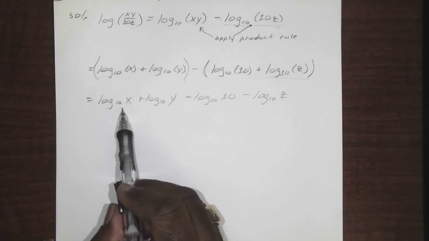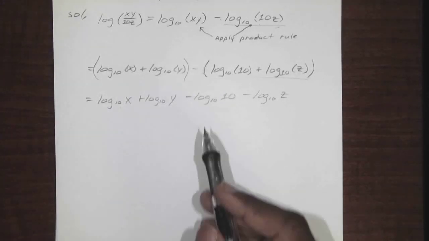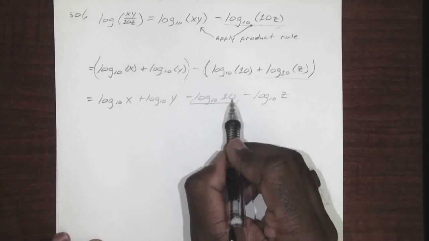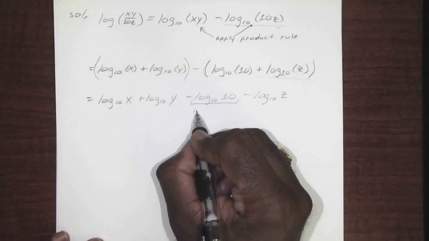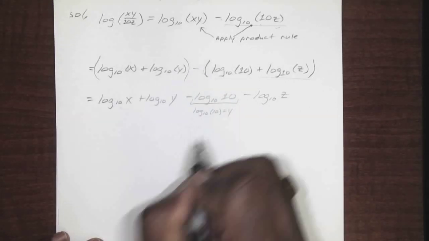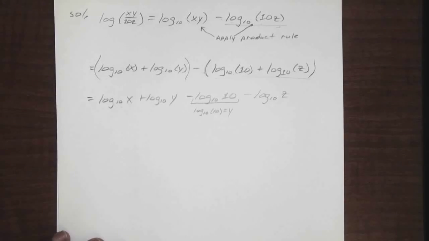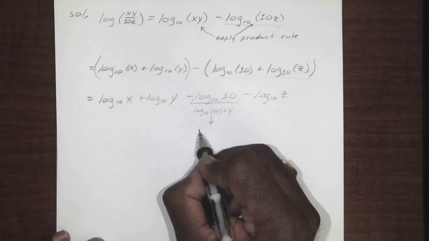Okay, so log base 10 of x, y, and z, we can't do anything with those. But you see your base 10 and 10 has a relationship. So log base 10 of 10, if we make that equal to y, we know that 10 to the power of y equals 10.